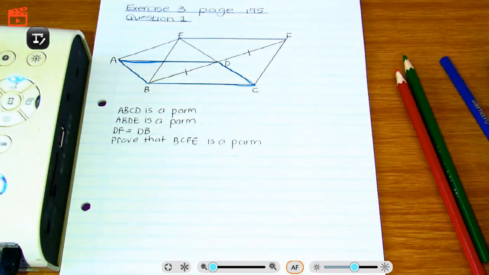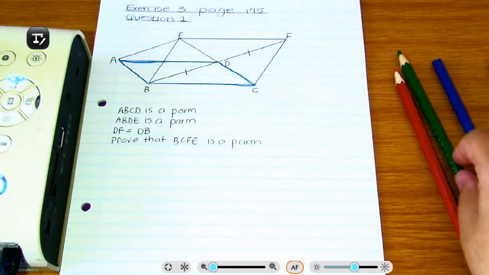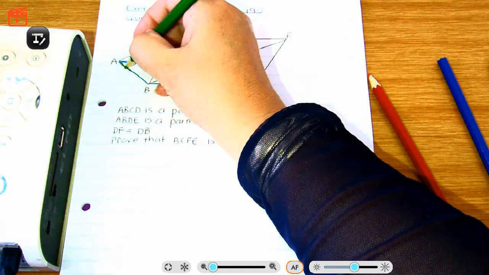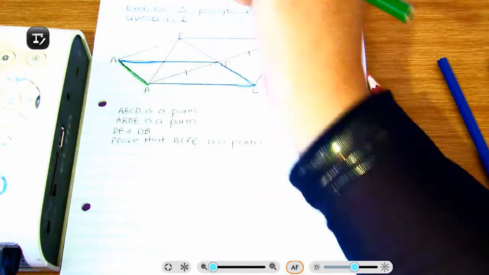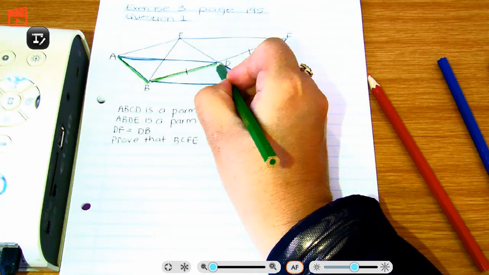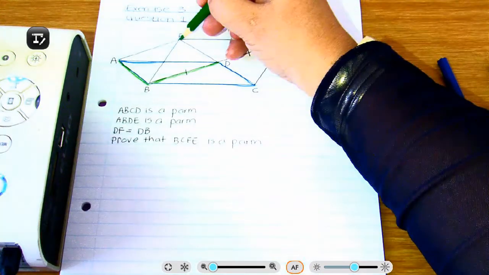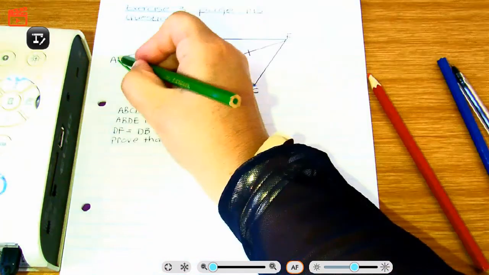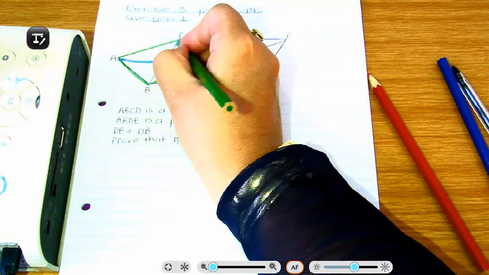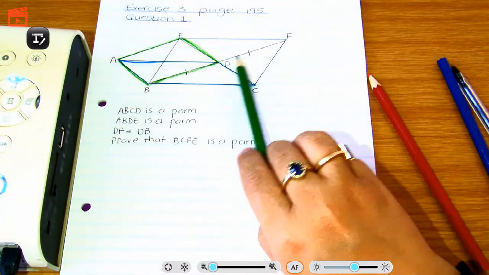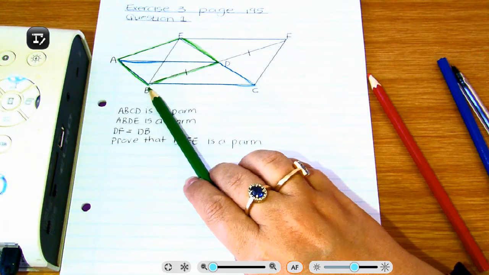They've also told us that ABDE, so I'm going to draw it in another color, ABDE is also a parallelogram. And the third thing they've told us is that DF is equal to BD.